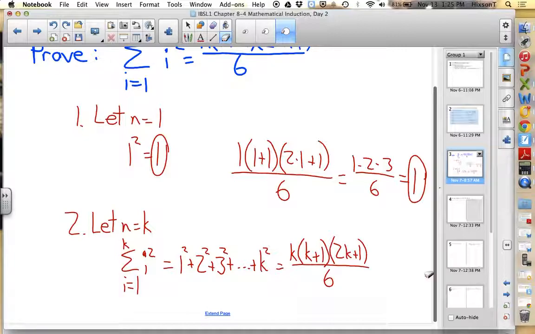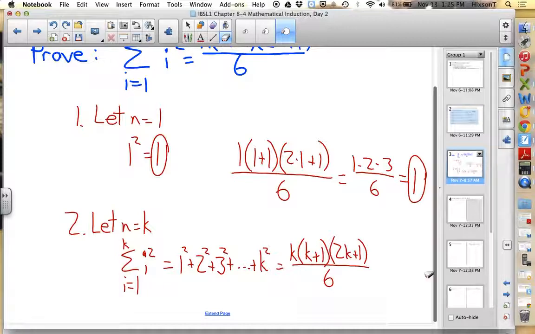What'd you get for yours? Oh, you know what? This is what you want. So you're gonna have this plus k plus 1 squared should equal all of this. For n equals k, does that make sense? The third step? Make sure those are squared on the left side.